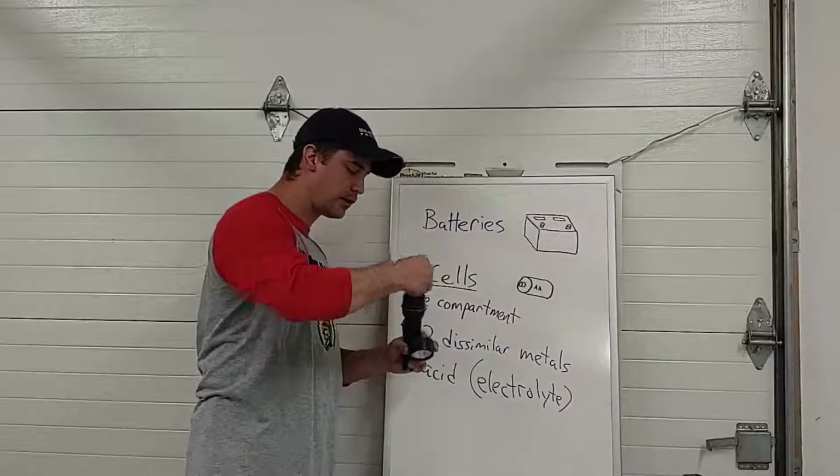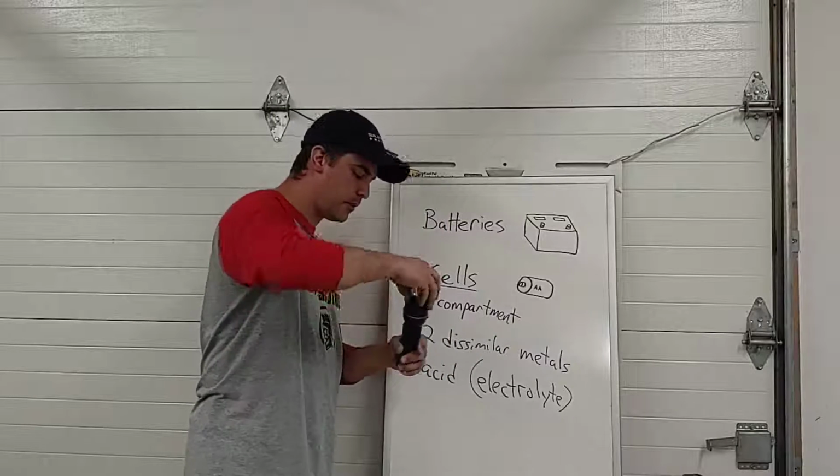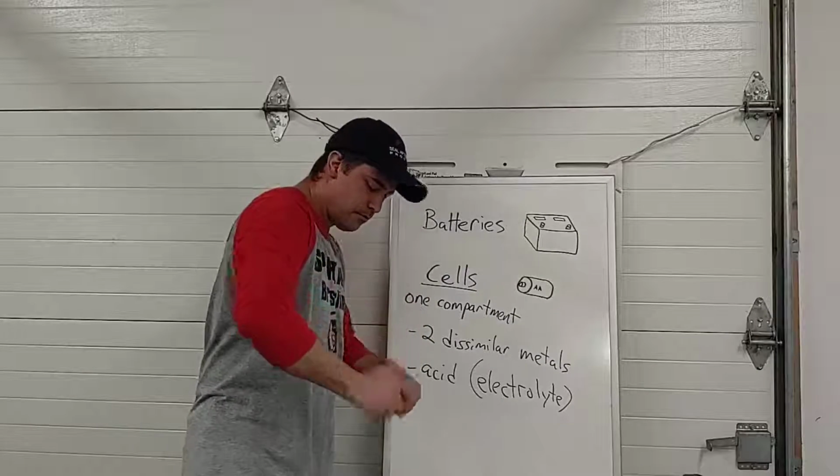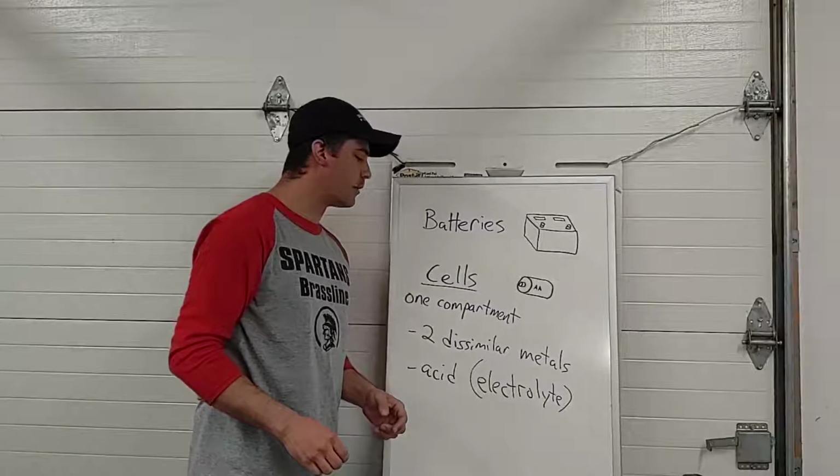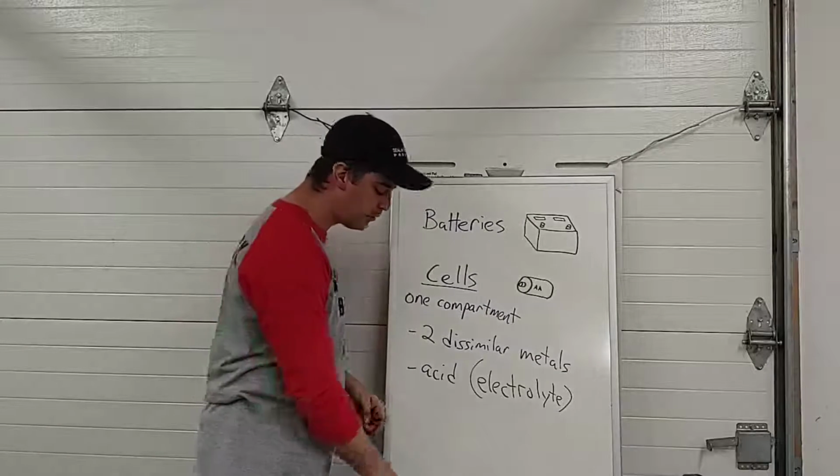A cell is one little chamber. And as you learned from reading previously in the homework assignment I gave you in the book, a car battery typically has 6 cells.